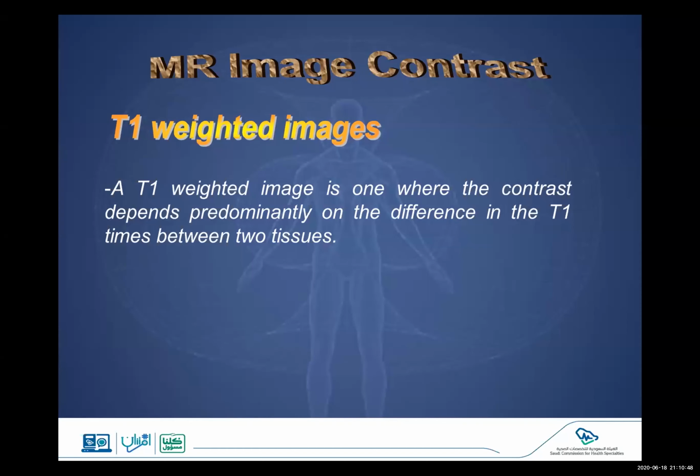So each one of those maps concentrates on one type of information. If I say T1 weighted images, this means it concentrates only on T1 information. It only reflects the difference between tissues according to their T1 values.